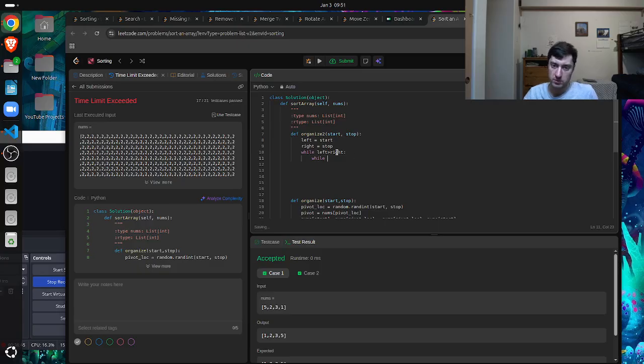While this case is still true, and nums of left is smaller than pivot, and let me just try to do this by myself.